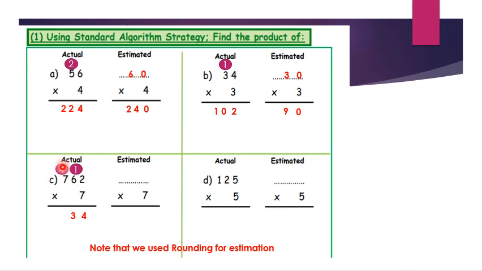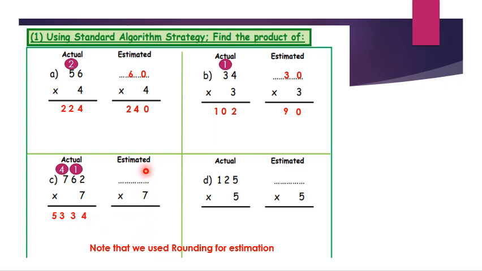And hide it until you multiply 7 by 7. 7 by 7 equals 49. 49 plus 4 equals 53. Then the actual product will be 5,334.